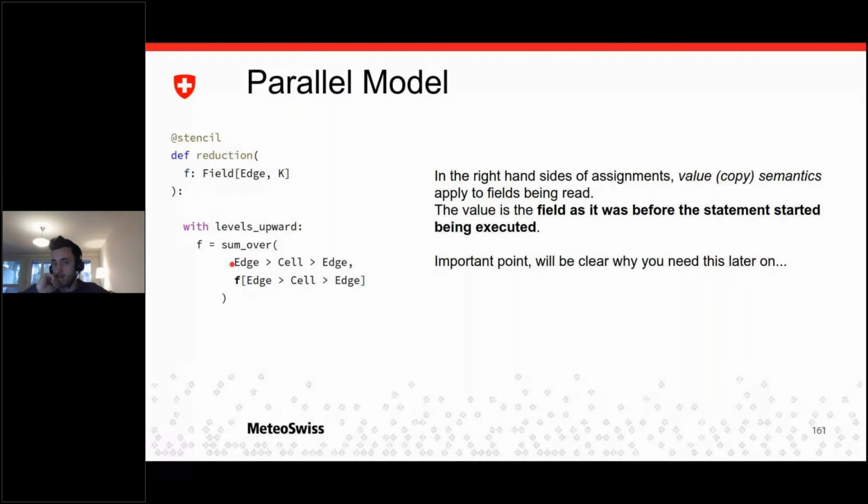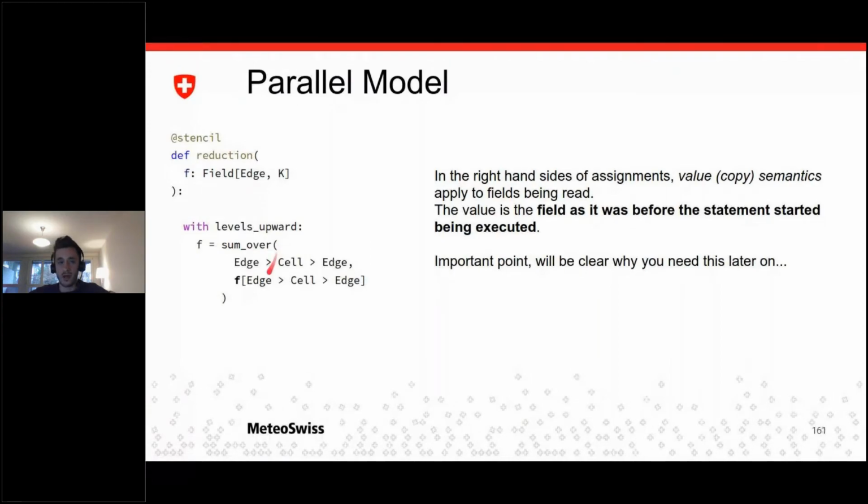So another remark about a correct execution. On the right-hand side of assignments, when you see a field being referenced, you have to assume the value semantics or copy semantics, meaning that you are accessing the field at the location specified as the field was before starting the execution of the statements.